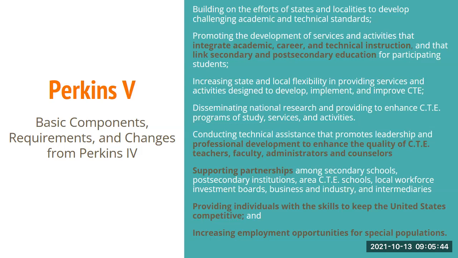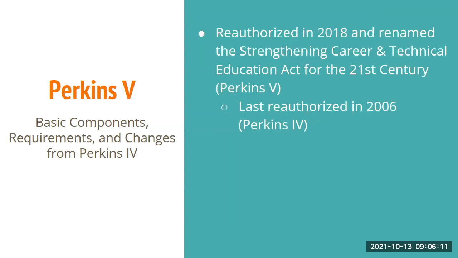I also want to call out the professional development to enhance the quality of our instructors, administrators, and counselors, and supporting partnerships, so the on and off ramps of our programs, and of course, providing individuals with skills to keep our region and the nation competitive. And most importantly, to specifically increase the employment opportunities for specific populations designated by Perkins as special populations, which we will get into in just a little bit.